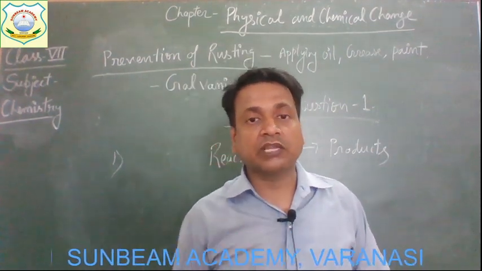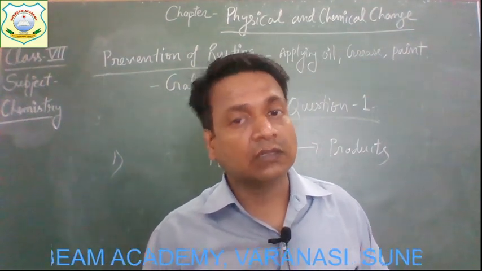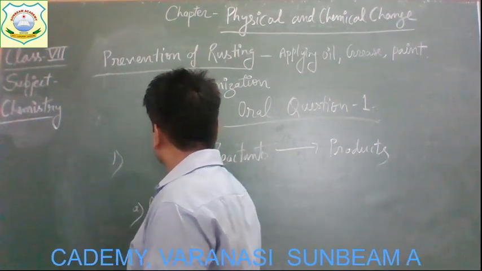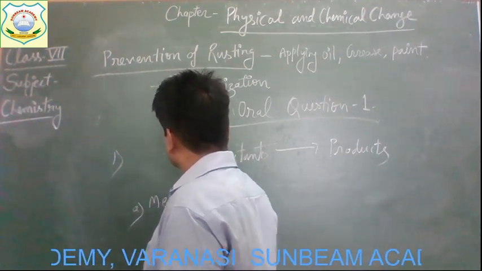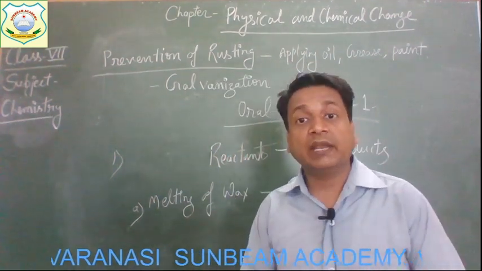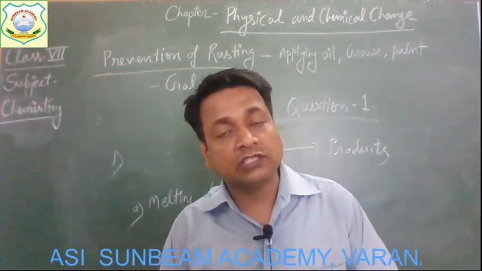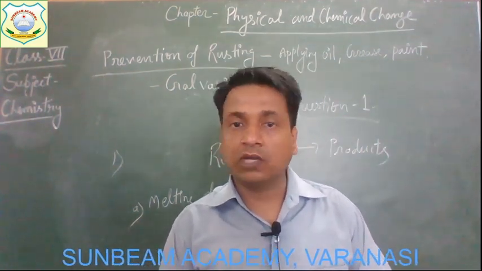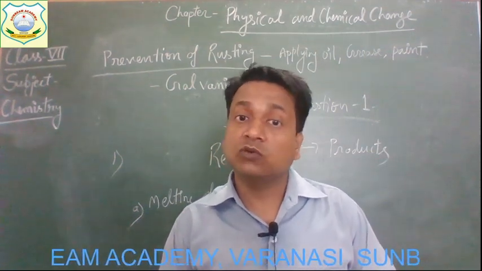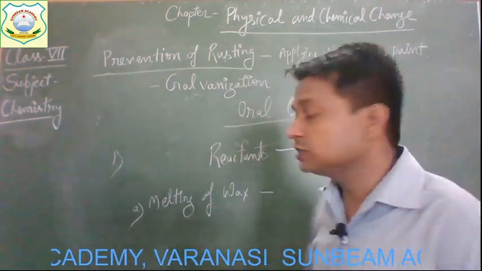Now, question number three: what kind of change is the first, melting of wax? Children, when the wax melts, only its state changes from solid to liquid. Their chemical properties do not change, and no new substance is formed. So we can say that the melting of wax is a physical change.